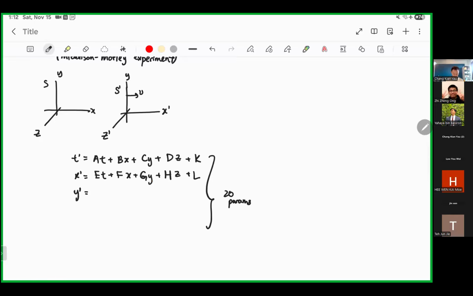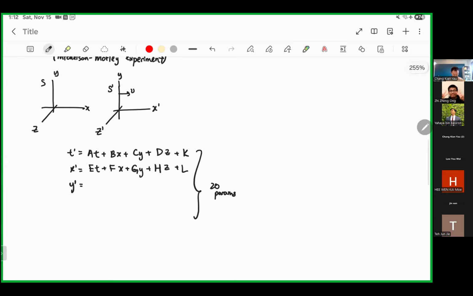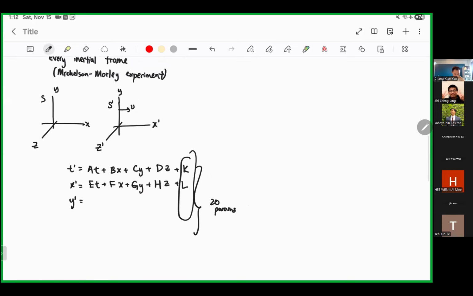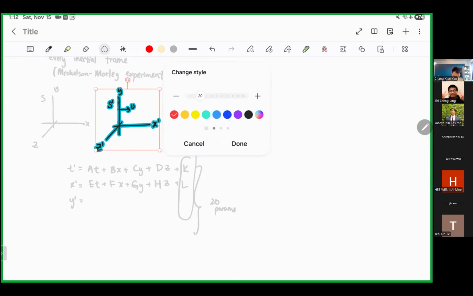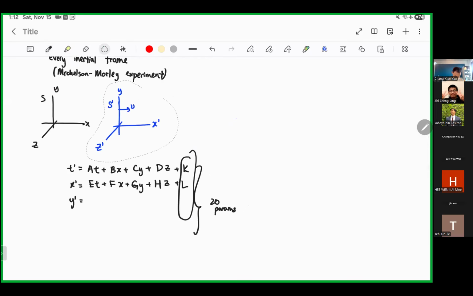To simplify our calculation, first of all, we can remove the constants by assuming that the origins start at the same place. What this means is that at the start, when t equals 0 and t' equals 0, the origins coincide, and then S' moves to the right like this.